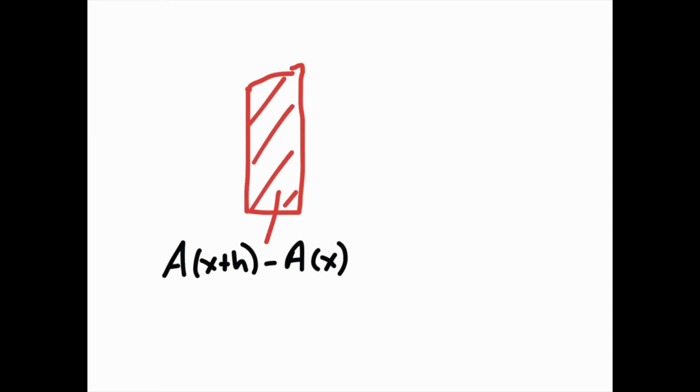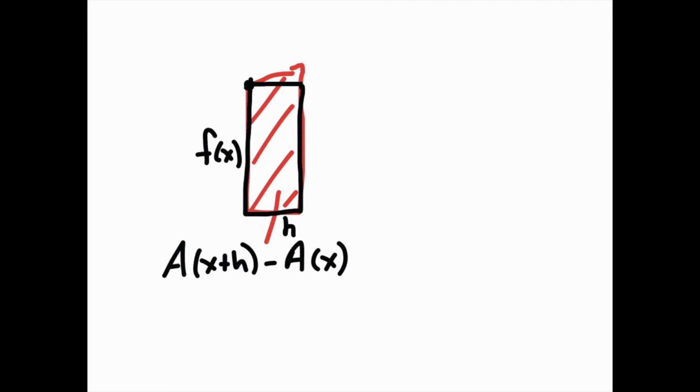But notice that it's not a rectangle, but it's almost a rectangle. I could approximate this by cutting it off like this and looking at the area of this rectangle, where I have h as the width and f of x as the height.